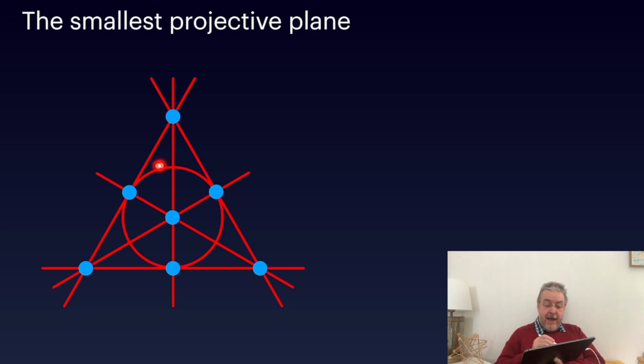So this is a line incident to these 3 points. And if you check it, whenever you take a line, say this one here, and another one, there is a unique point of intersection. And I promise you, this is exactly the same structure as we have seen before. What you see is that this structure is more symmetric than we've drawn it in the first picture.